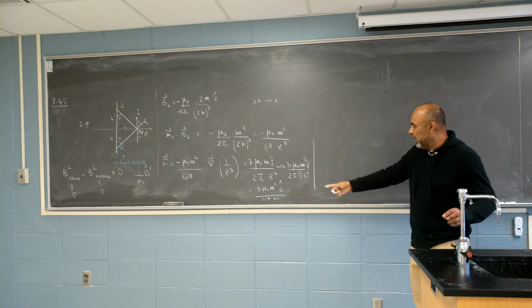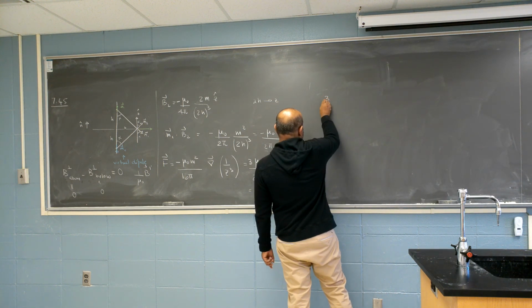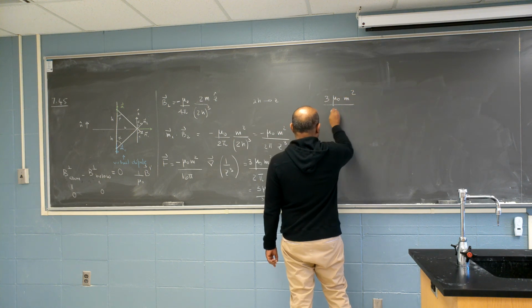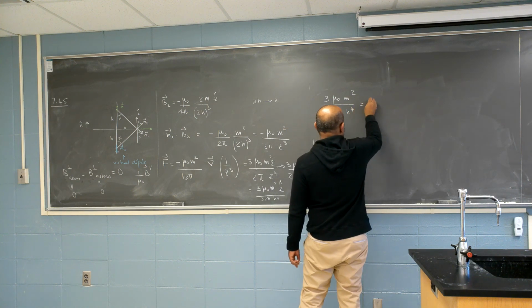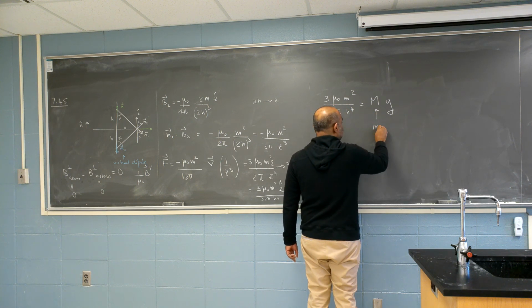In fact, if you want to know how high the magnet is going to float, it is really doing this. mu0 m squared over 32 pi h to the 4th can now be written as mg, where this is the mass of the magnet.